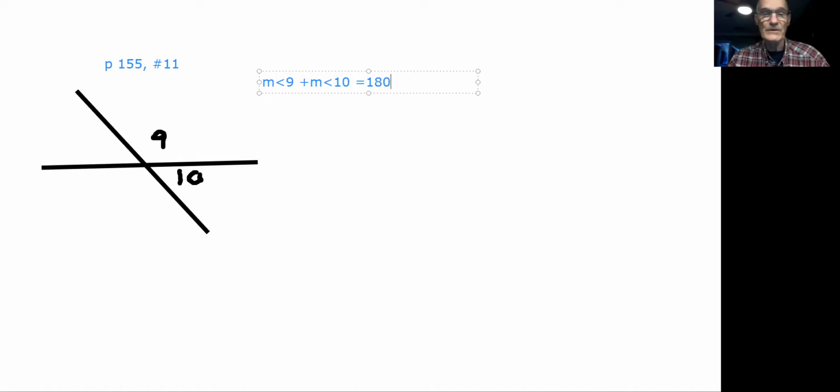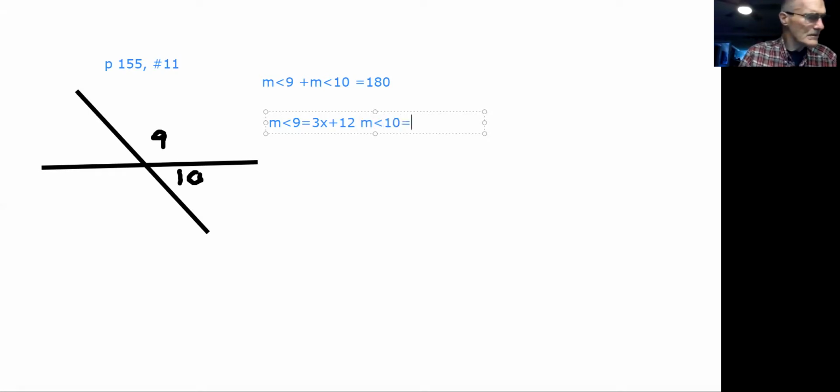Now, if you look at this particular problem, it tells us that the measure of angle 9 is equal to 3x plus 12, and the measure of angle 10 is equal to x minus 24.